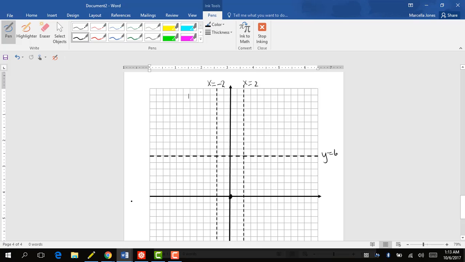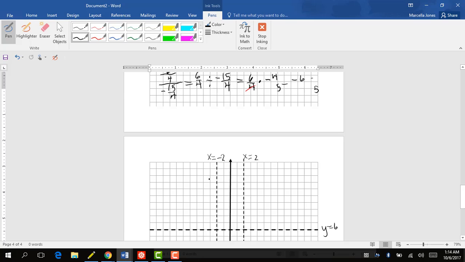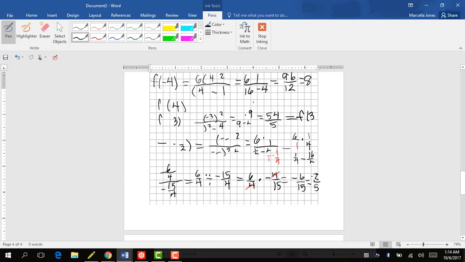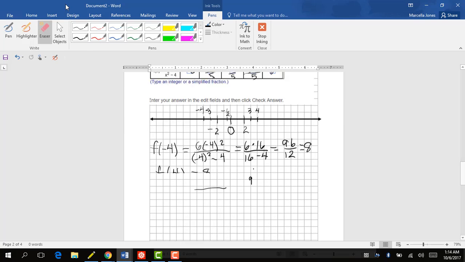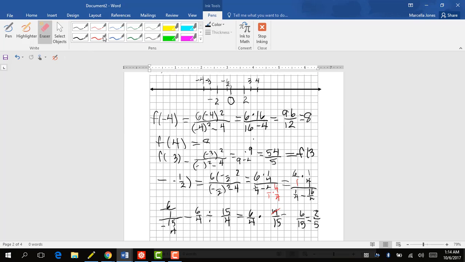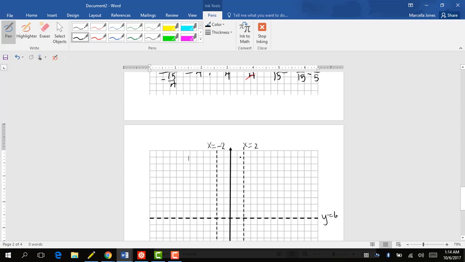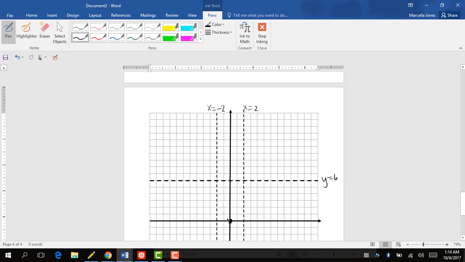And then I have those points that I got in the table. So if I think about these points, one of my points is the point -4, -8. I mean positive 8. That's not negative. This was a positive 8. -4, positive 8. So that was one of my points. So I go to x equal -4, and I plot positive 8.